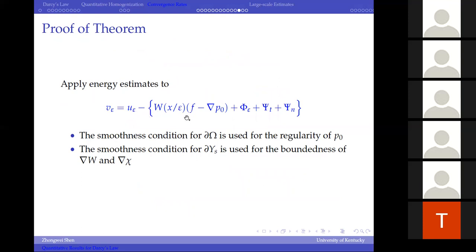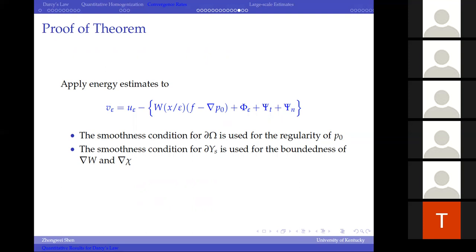You subtract the leading term, but also subtract these two boundary correctors and the interior corrector. You put this function V epsilon into the energy estimate, and you get what you needed. So the condition on the boundary of omega is required in order to guarantee certain regularity of P0, and the condition for the boundary of the obstacle is used in order to guarantee certain estimates for the gradient of the pressure term, gradient of the corrector term.